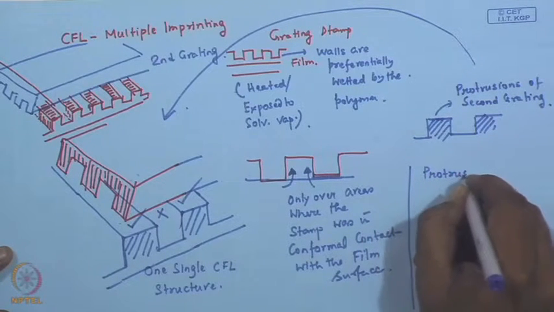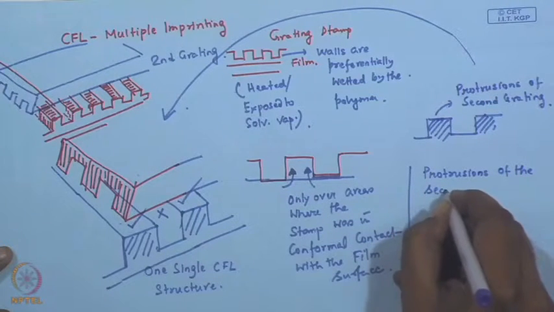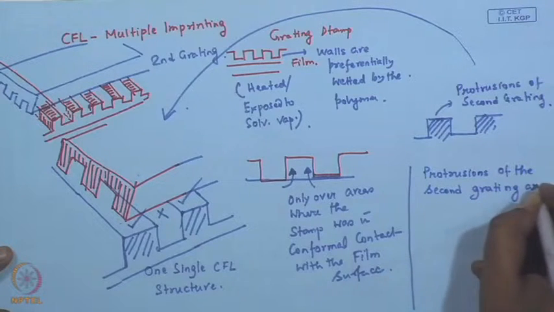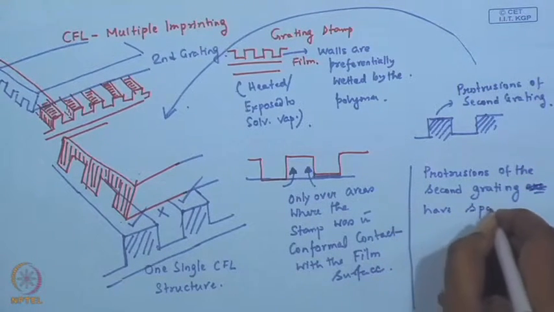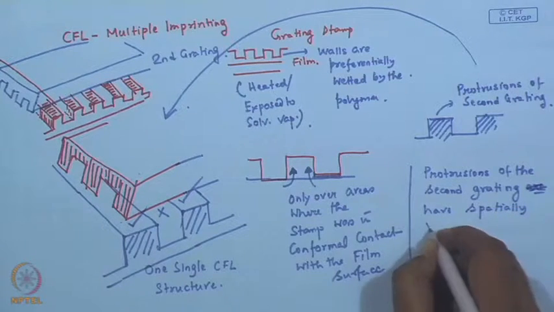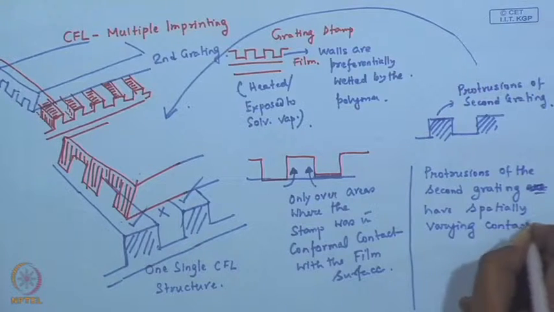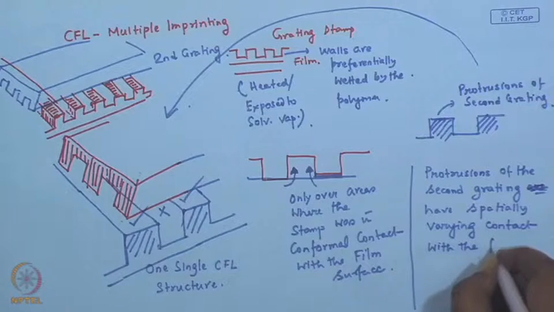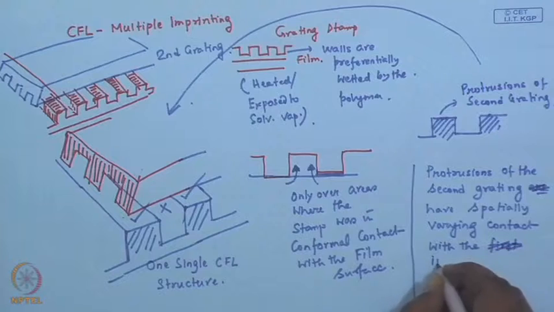So, the protrusions of the grating have spatially varying contact with the first imprinted film.